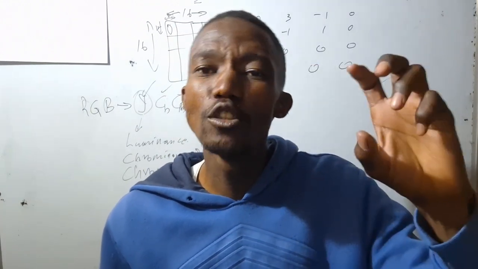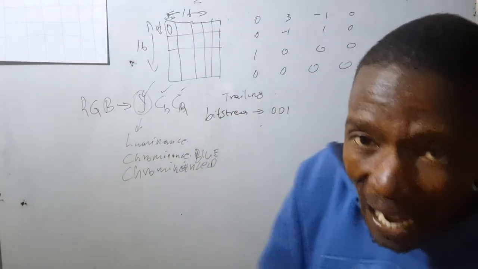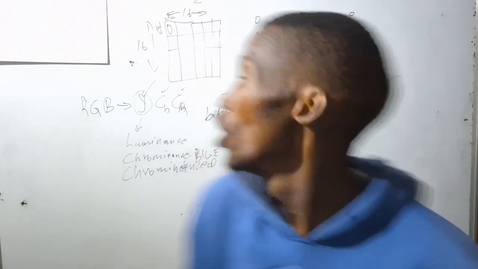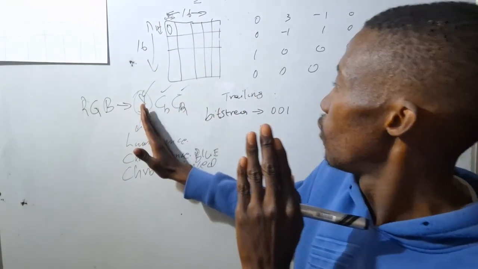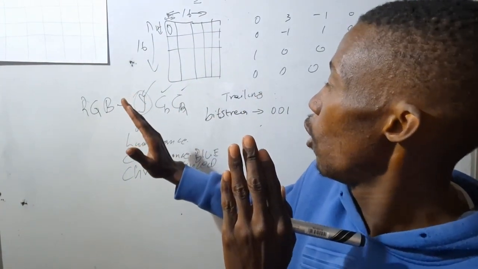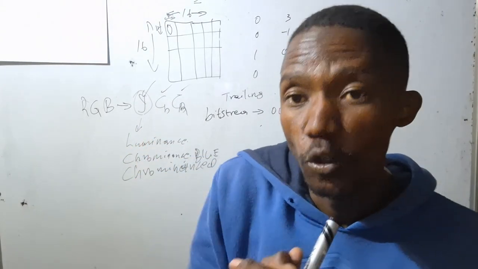After you've applied those processes, let's say you remain with these values. Now it's time to do what? To output a series of ones and zeros to represent what remains after you have applied all the processes of encoding your image.